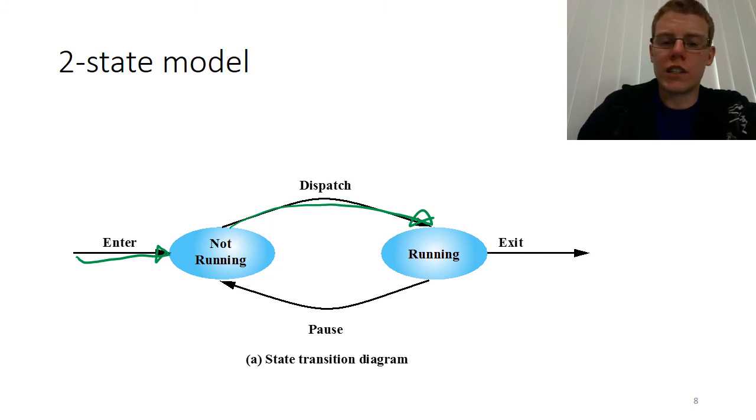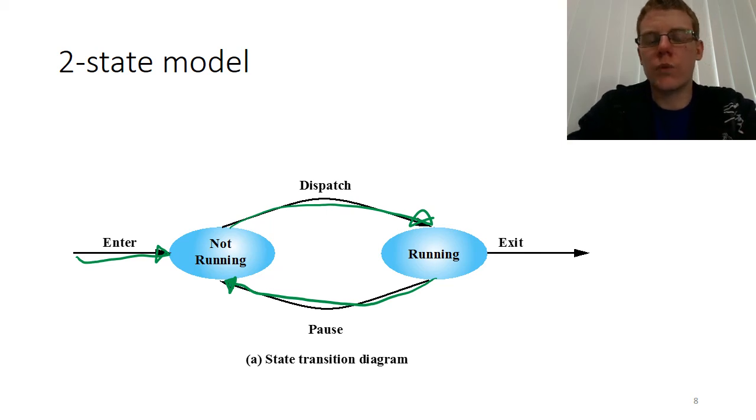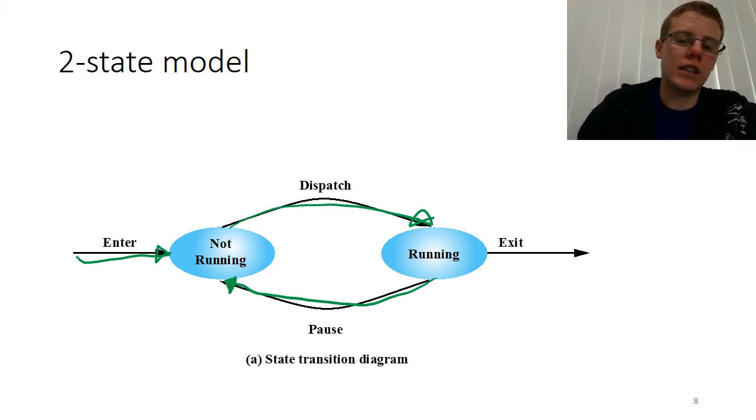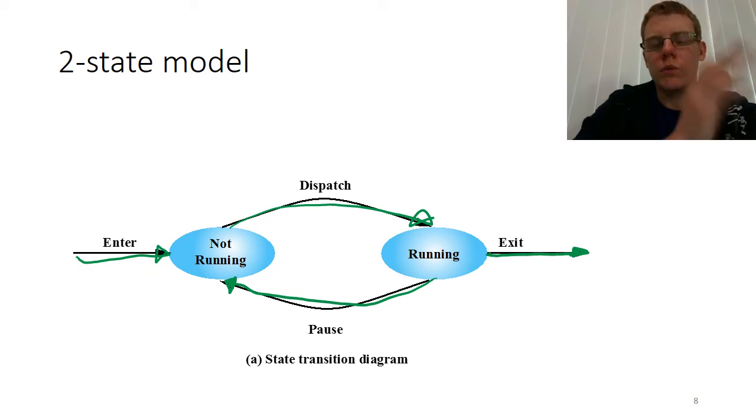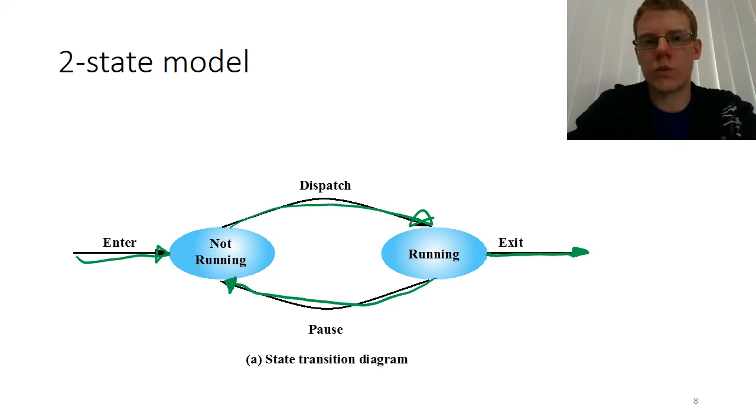Then if for some reason it's paused, or there is an I/O request, or some reason why the process is stopped in order for another process to run, we transition back into the not running state. And then when we finally finish with the process, we'll move off and this process won't be concerned anymore.